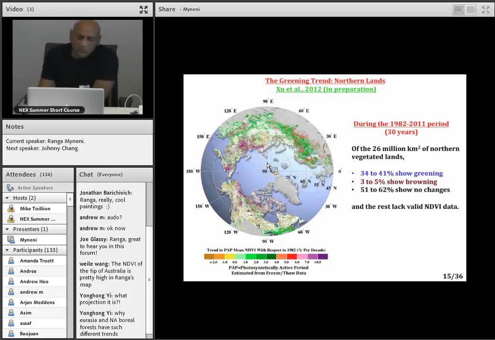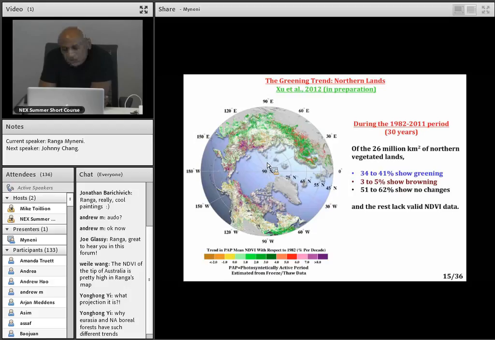So that's where we are now. The greening trend has continued over the last 30 years, and it is especially prominent in Eurasia, and especially in the Arctic regions, in both Eurasia and in North America.